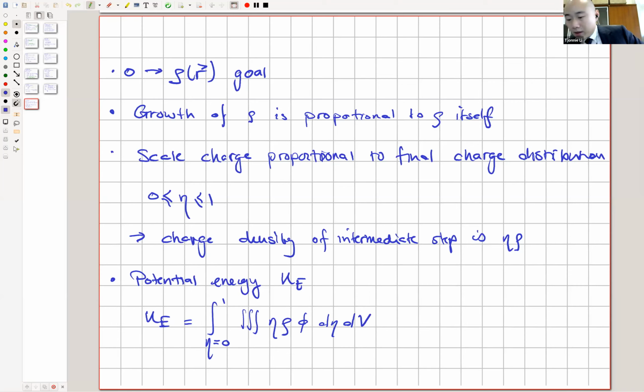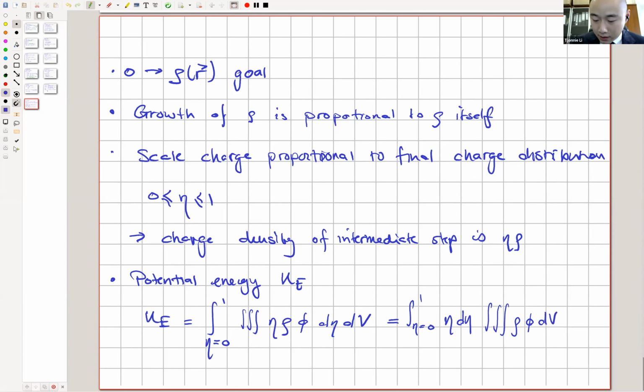Now this by itself should be relatively straightforward to evaluate. I can split this integral in two. I do the eta integral, and then the rest is just over some volume dV.